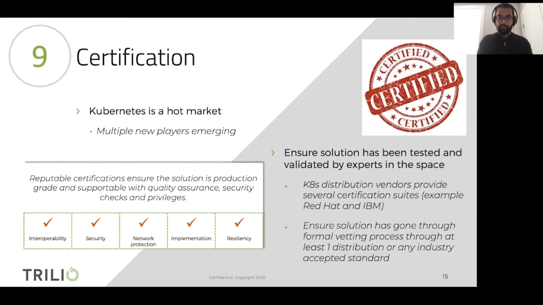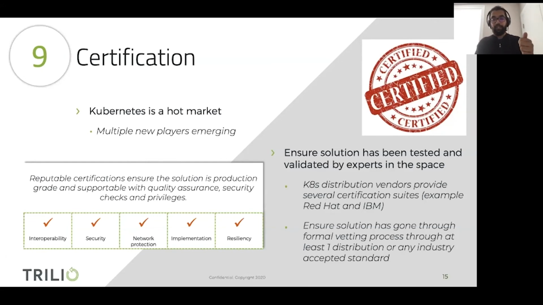We've mentioned, Kubernetes is really a hot market, growing really fast, and as a result, there are multiple new players emerging. So it becomes even more challenging for customers to figure out, which is the right technology that we need to use? Which is the right technology that is using the best practices that is going to help us in our modernization journey?